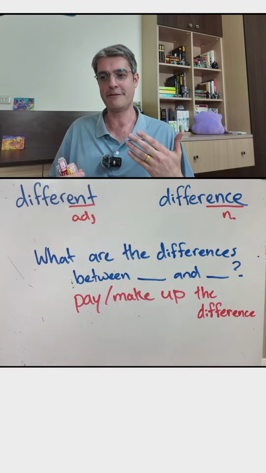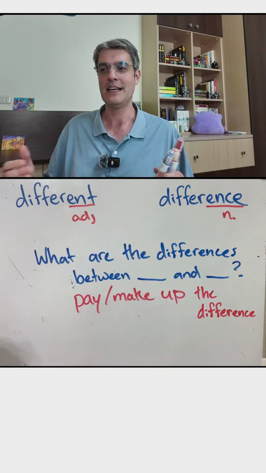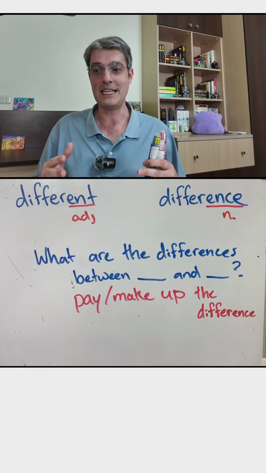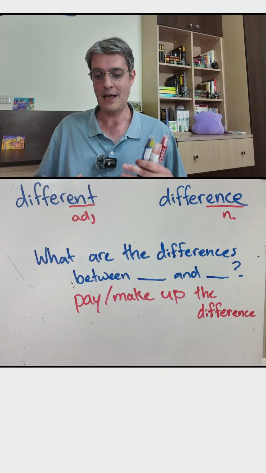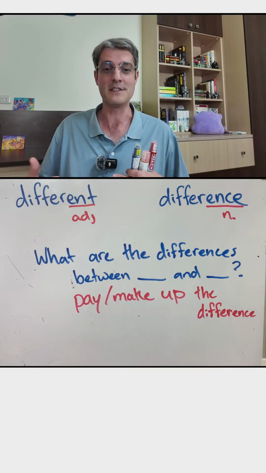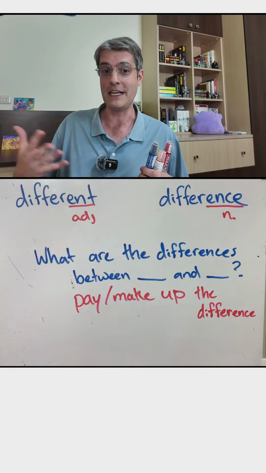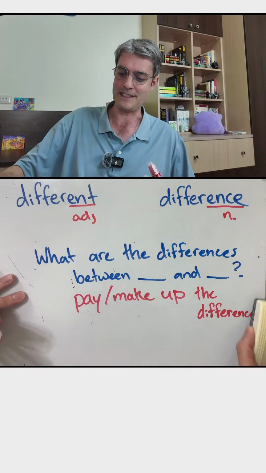So maybe if you go to the card store and your son wants to buy a box of Pokemon cards and he only brought maybe $25, but the box is $30, you may pay the difference or make up the difference, means he would pay his $25 and you would pay the remaining $5. You would make up the difference or you would pay the difference.